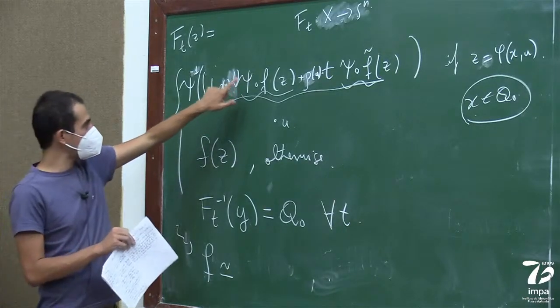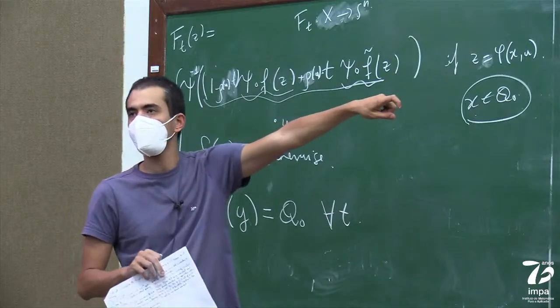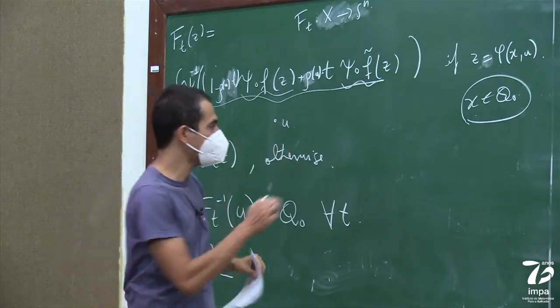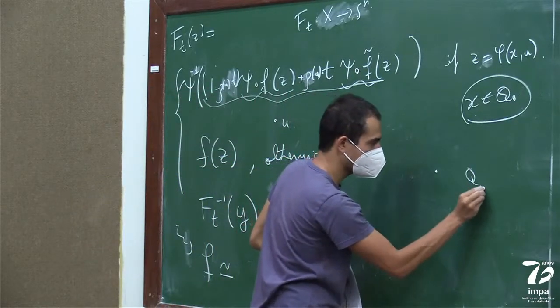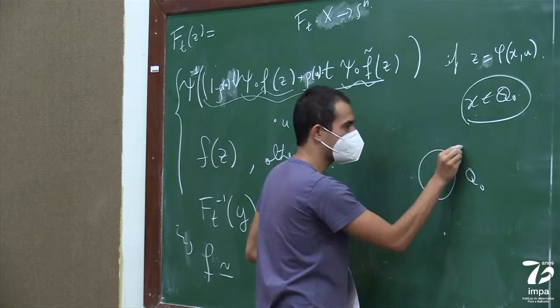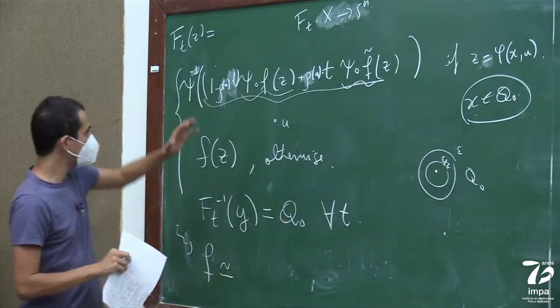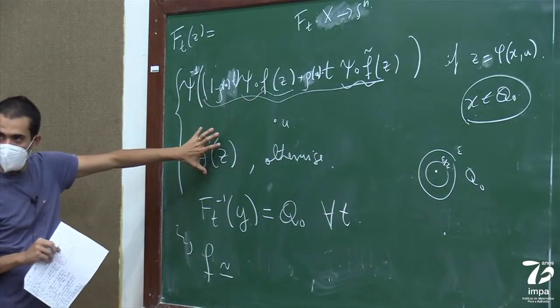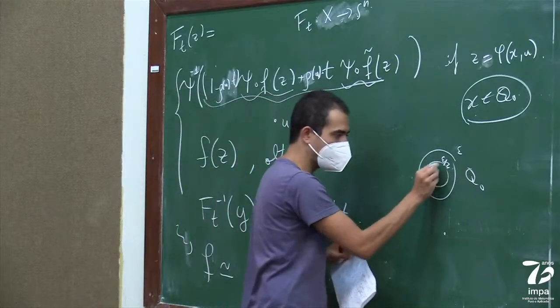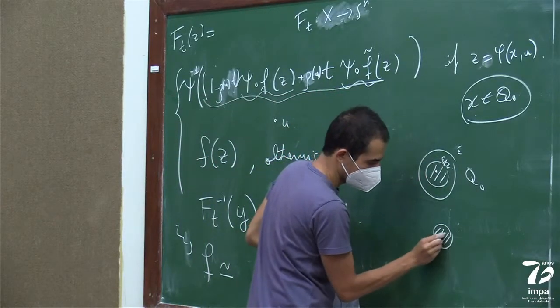So you see that, if you are inside that bump function part, so here's my q0, a bunch of points. I have this ball of radius epsilon, and this ball of radius epsilon over 2. So this homotopy goes between f and something that's equal to f tilde in this neighborhood.